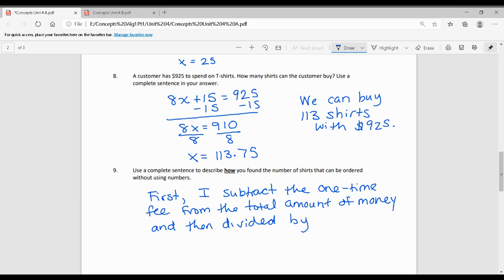What does 8 represent? Good. The cost of each shirt. Okay, so again, no numbers there, all descriptive words.